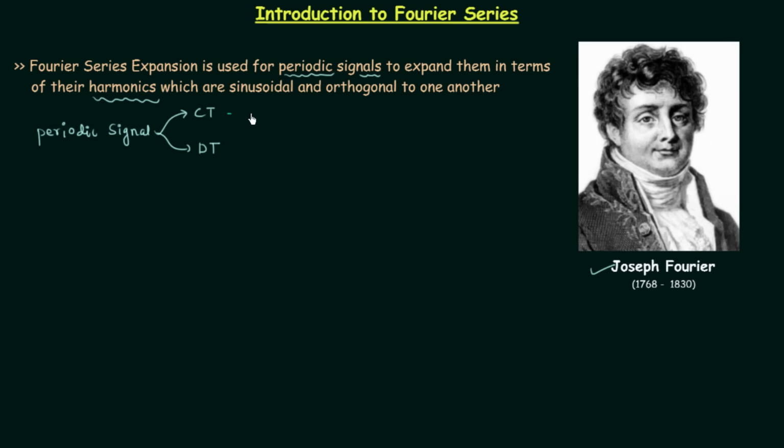For continuous time, the Fourier series expansion is known as continuous time Fourier series, and for discrete time, the series is known as discrete time Fourier series. In this particular chapter, we will only discuss continuous time Fourier series expansion, and once we complete discrete time signals, we will move on to discrete time Fourier series expansion.